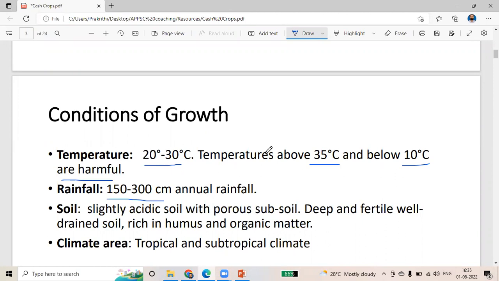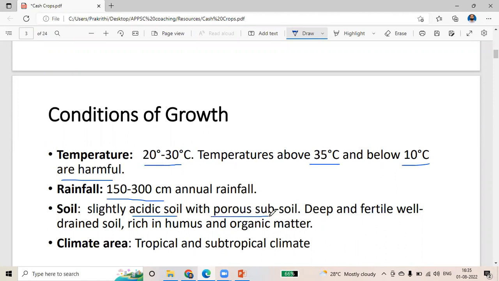Like rice, which we discussed under food crops, for which also more rainfall चाहिए. So rice also has the same requirement. Tea also requires high rainfall. And the soil required is slightly acidic soil, consisting of porous subsoil.